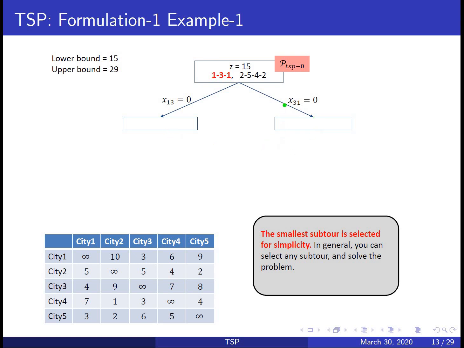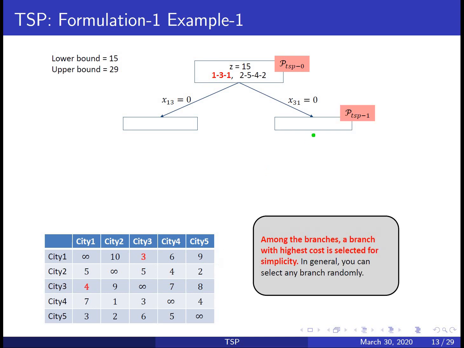You can look at the corresponding cost in the cost matrix and see which child to select first. Here D13 is 3 and D31 is 4. In this example, I am going to select the child which has the highest cost. So here D31 has the highest cost and that will be the next child to be processed.